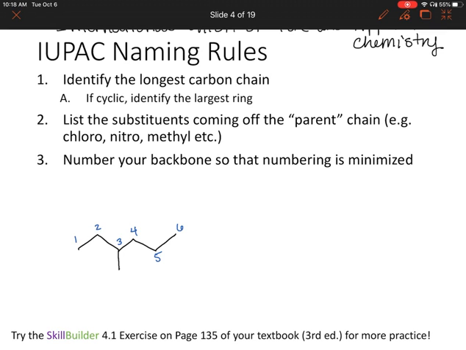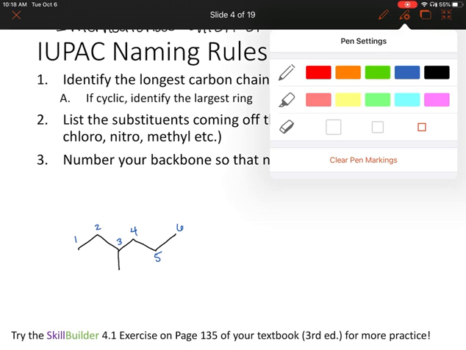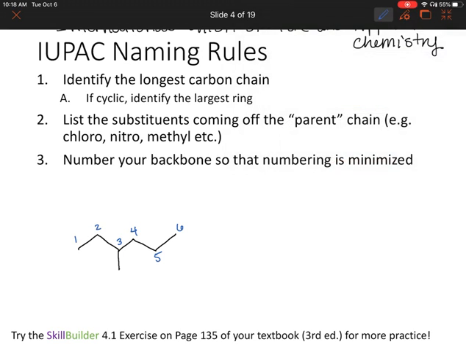Okay, so if we have 6 carbons, that means we have hexane. So we're starting to piece together the name. Now we do have that substituent down below, this carbon that's hanging off of the parent chain.